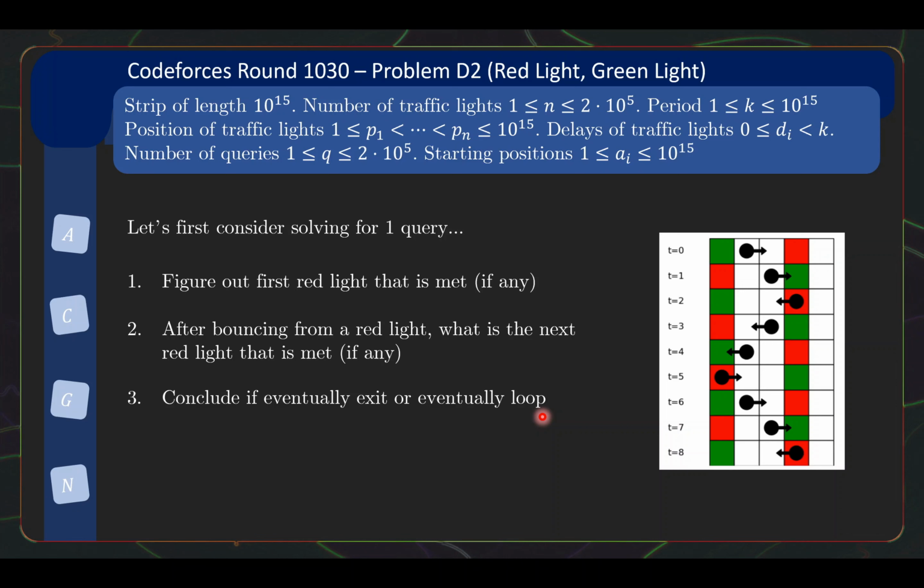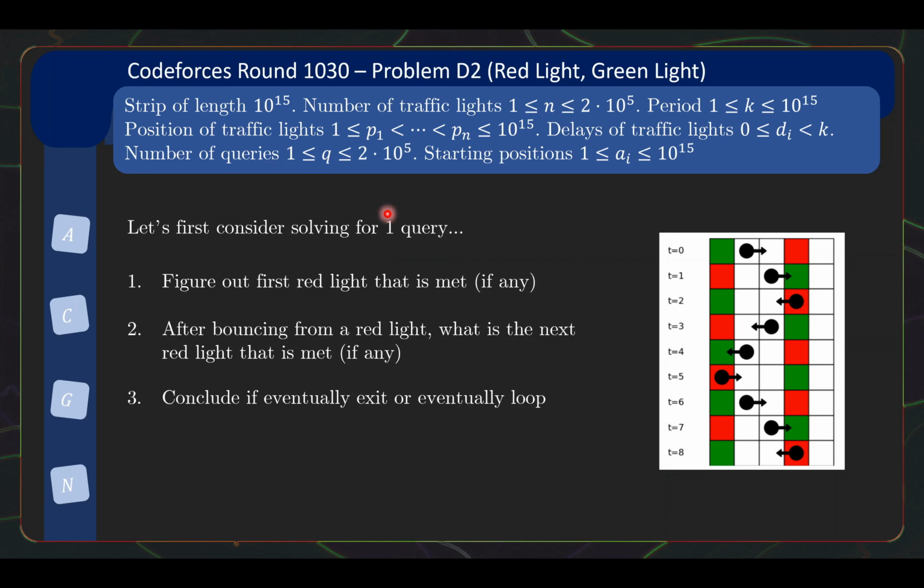Okay, so that sounds like a reasonable way to find the answer, but it's incredibly inefficient. For example, when you roll forward in time, you might take up to 10 to the power 15 before you even hit one bounce. Even if you instantly figure out what traffic light you hit, you can hit up to n traffic lights before you get the answer, and you need to do this for every query.